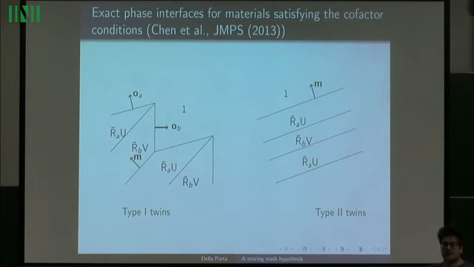So there's no force asking for fine twinning, and so a priori we could see an evolution which is just a single variant of martensite propagating into the sample.